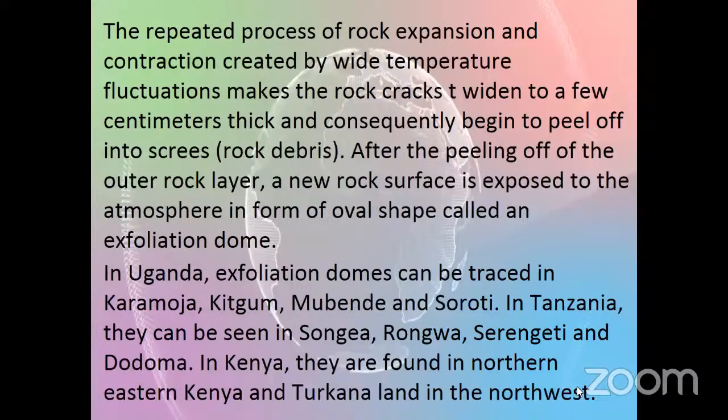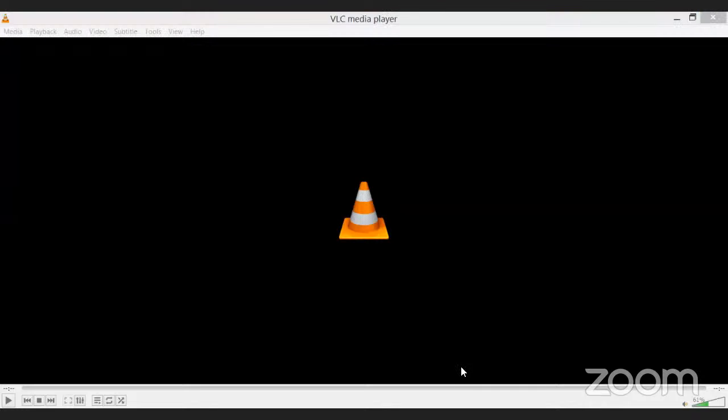After the peeling off of the outer rock layer, a new rock surface is exposed to the atmosphere in form of oval. Okay, thank you for taking us through that.